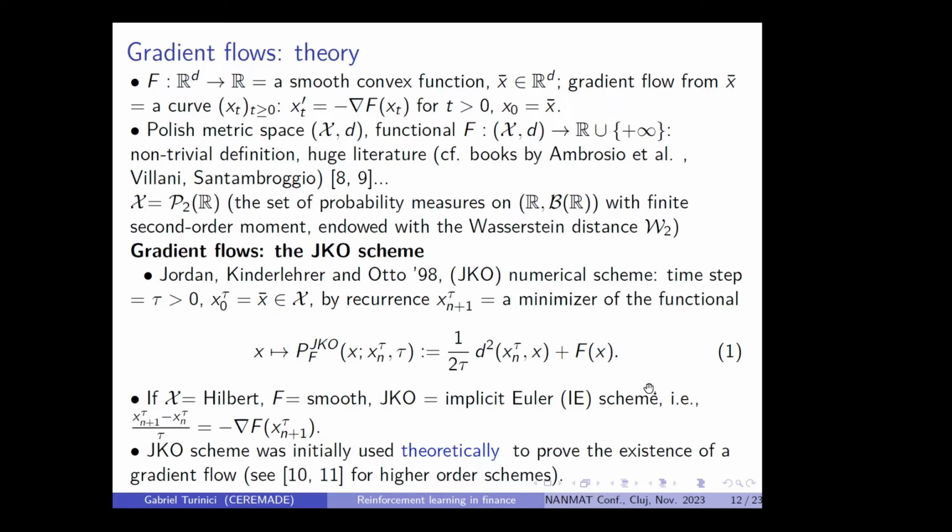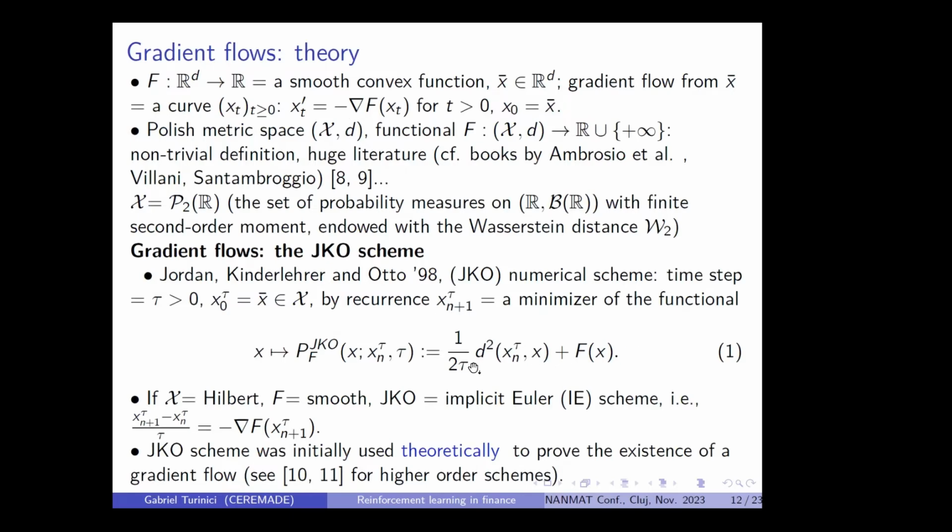If you want to minimize a function f of t in a metric space, you can imagine a gradient flow, but the gradient flow would have this equation, x prime of t equal minus gradient of f. But here in a metric space, you don't have any minus. And it's difficult to write such an equation. And there is a huge literature explaining how to write gradient flows in metric spaces.